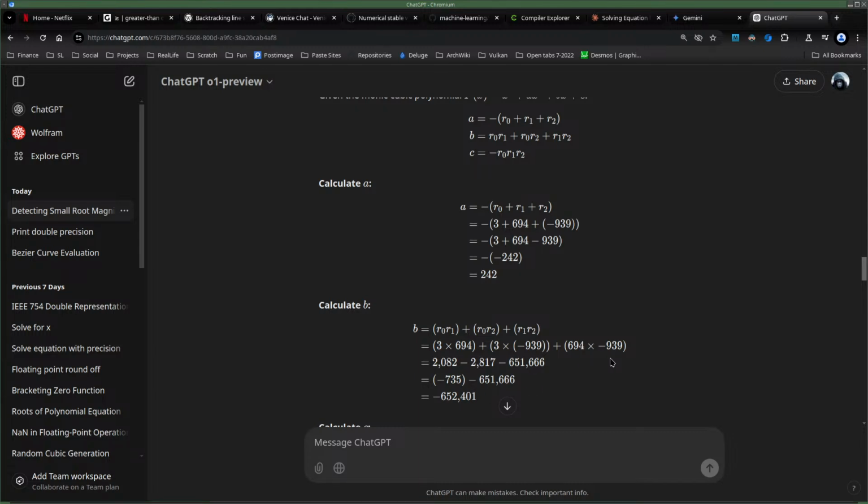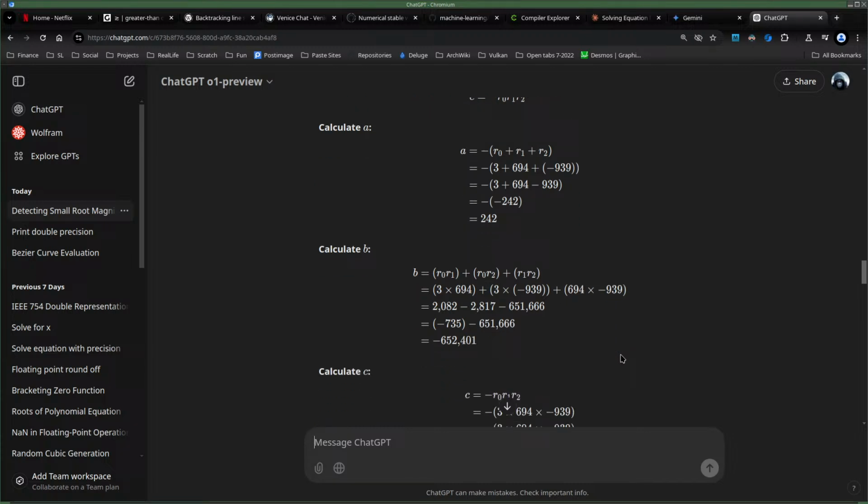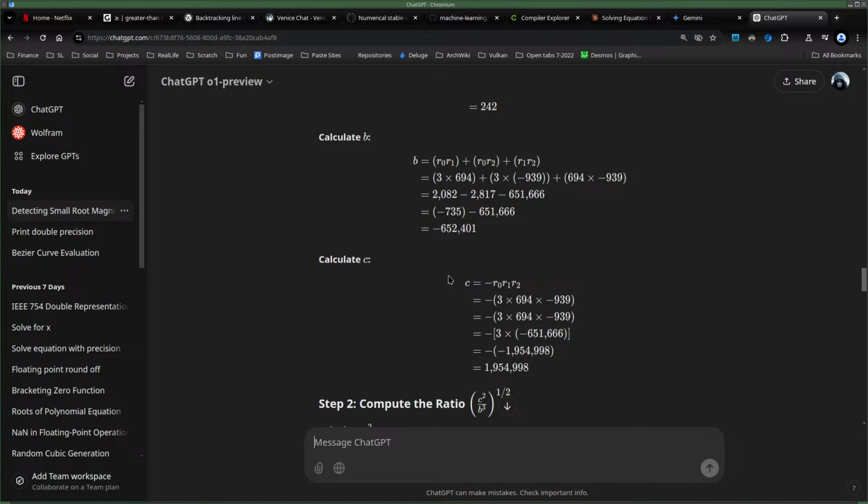Okay. Which is big because of the 600 and 900 thing. C is multiplication between all of them. Okay.